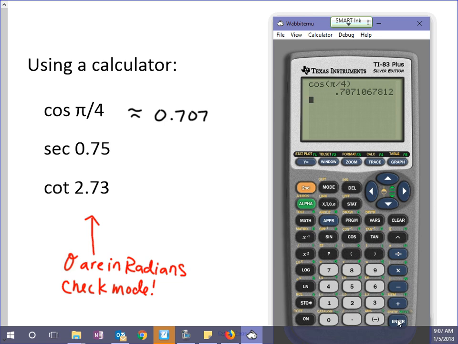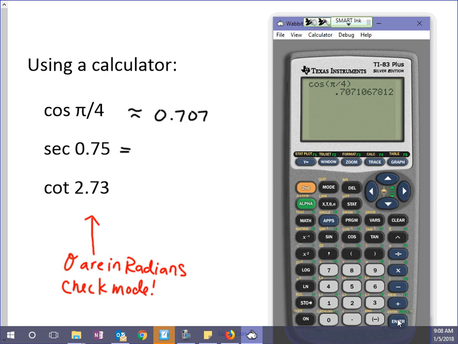See if you can talk with your small group and remember. Anybody recollect how we're going to work secant, for example? Secant, like 1 over the cosine.